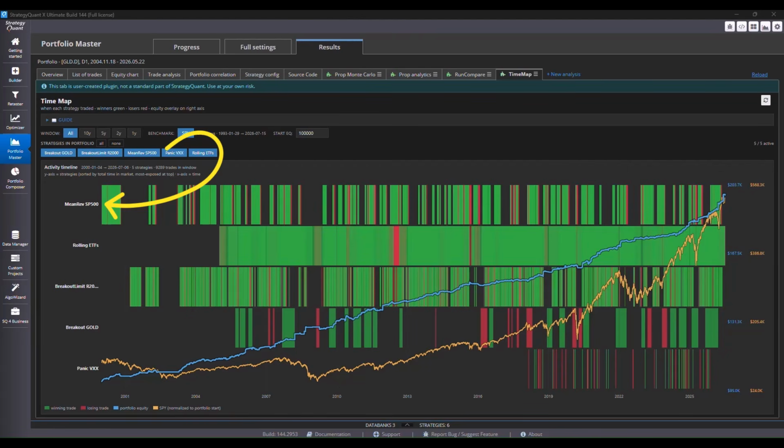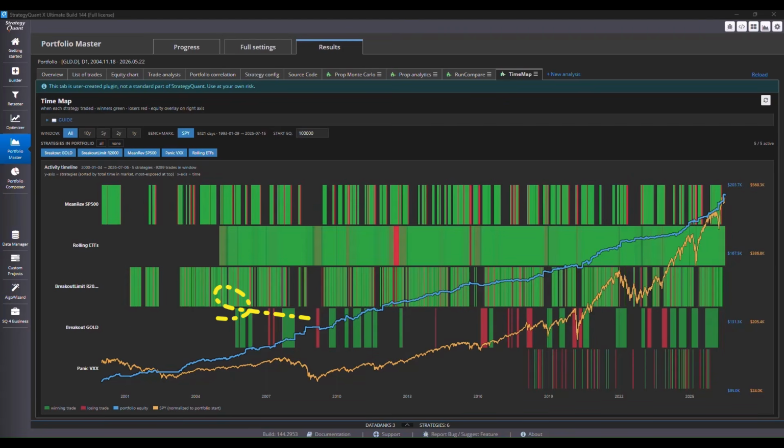Its trades therefore appear in dense clusters, mainly during periods when the market becomes more volatile. Below it, we can see an ETF rotation strategy. It forms an almost continuous green band because it remains invested most of the time and provides a stable foundation for the portfolio. The Russell breakout strategy joins in when market trends begin to develop.